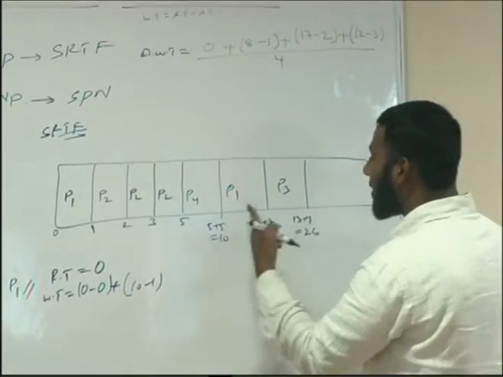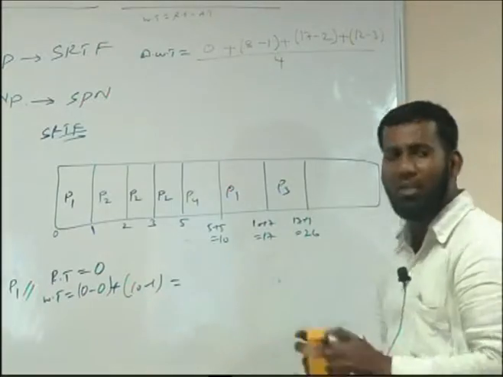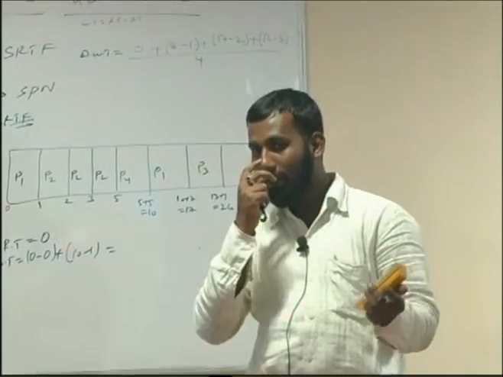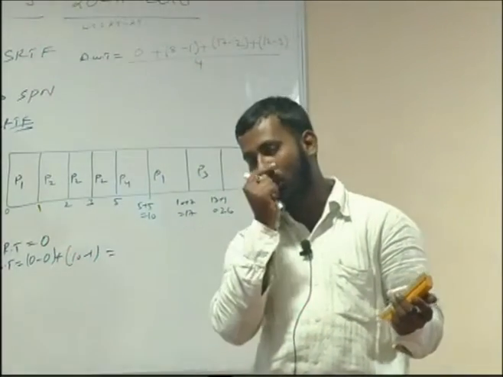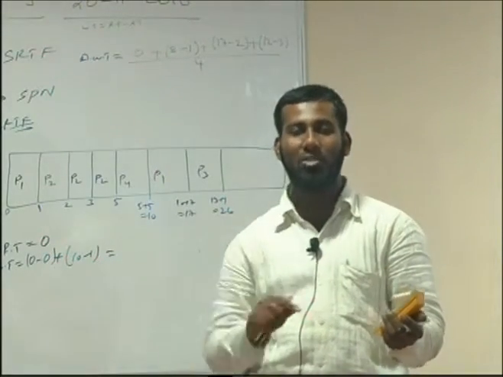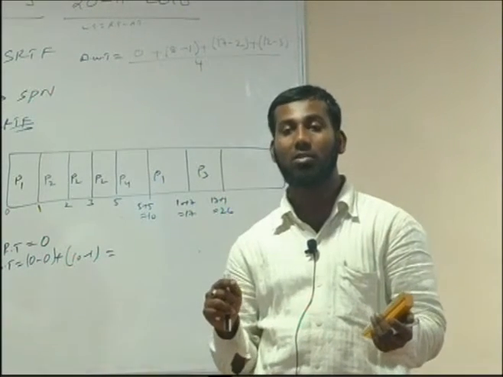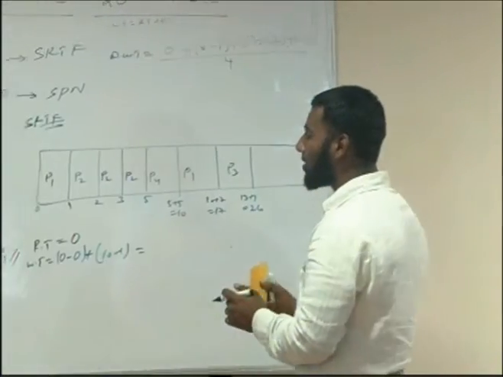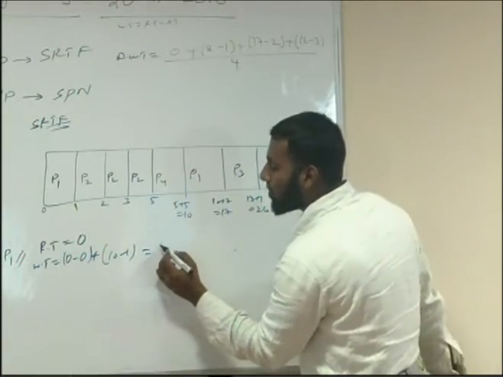So this is the process waiting time, also called the total waiting time. In non-preemption, there is no difference between waiting time and response time. Both are the same, and it is very easy to calculate turnaround time. But in preemption algorithms, response time is different and waiting time is different, and in order to calculate turnaround time we should calculate the total waiting time of a process, which is equivalent to 9.